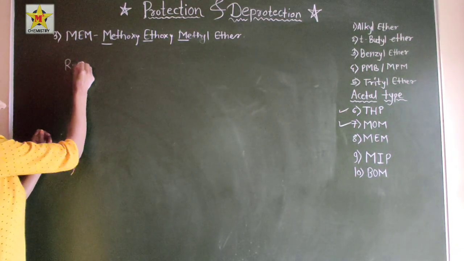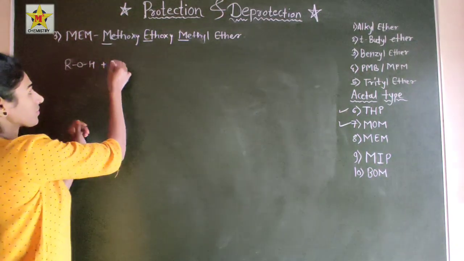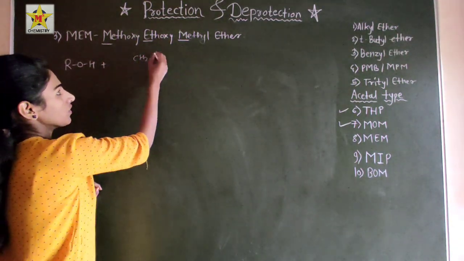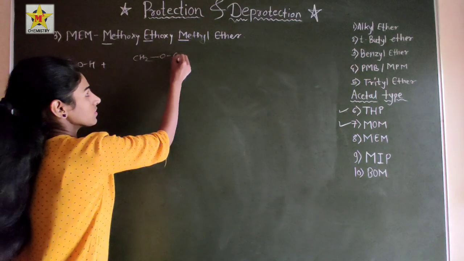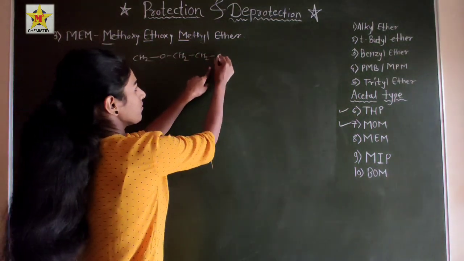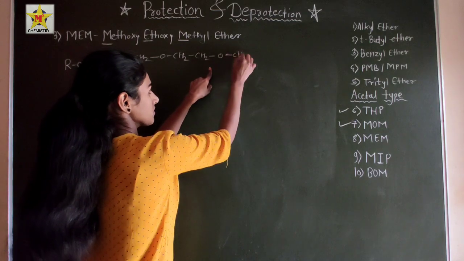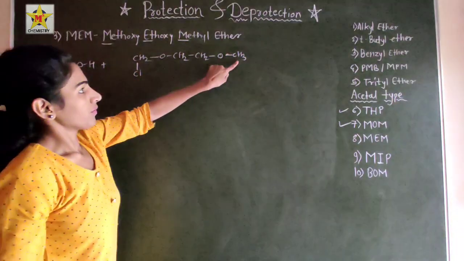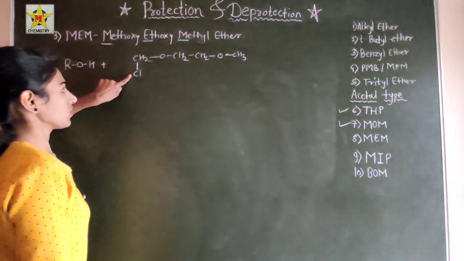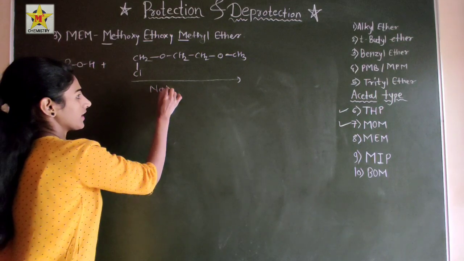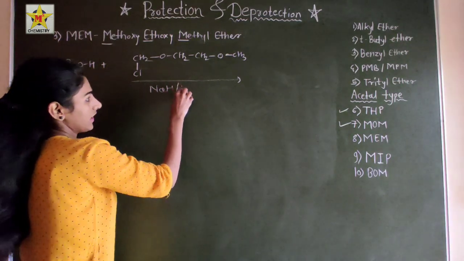Okay, ROH, with the CH2 and ethoxy group there, and then methoxy. Ethoxymethyl chloride is used in presence of NaH or NEt3.